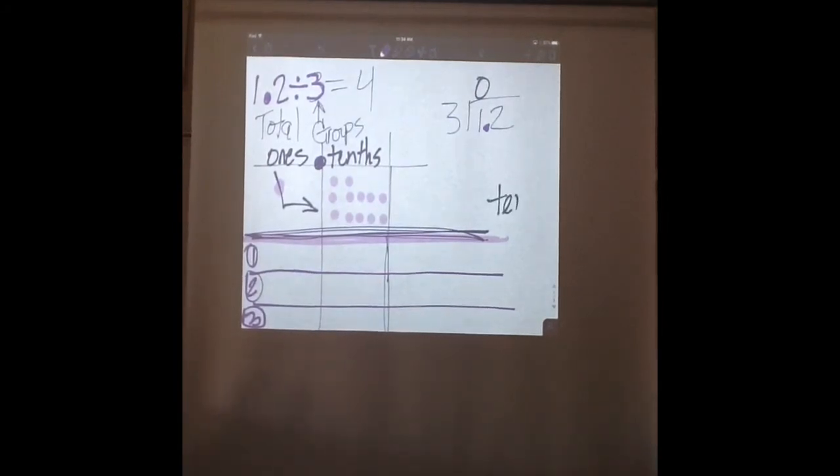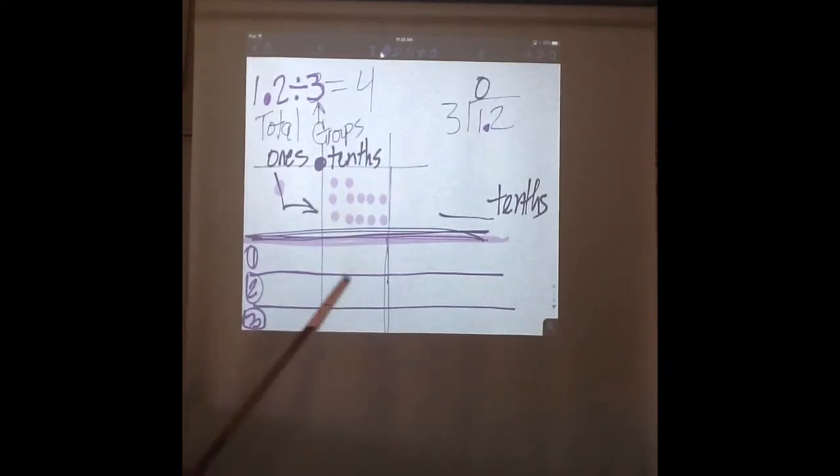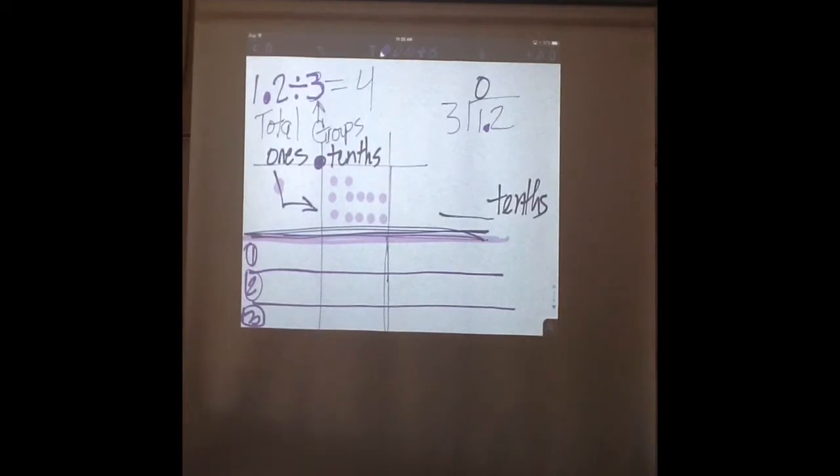A tenths, right? So our answer is going to be something tenths, because all of our dots are going to go right in here. So let's do that. We can cross out this dot and we put one there. Cross out this dot and we put it here. Cross out this dot and I put it here.